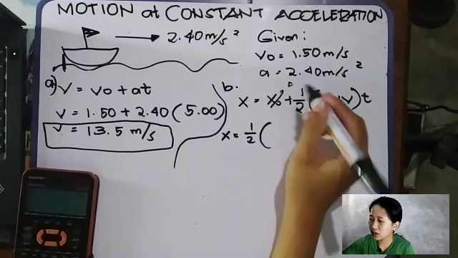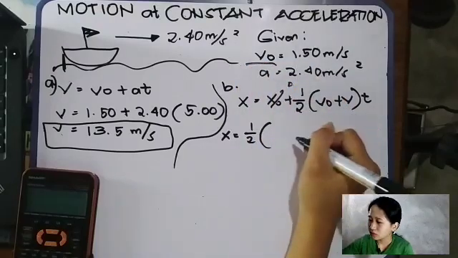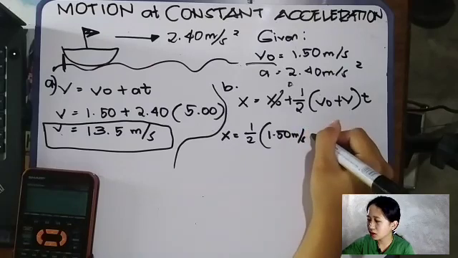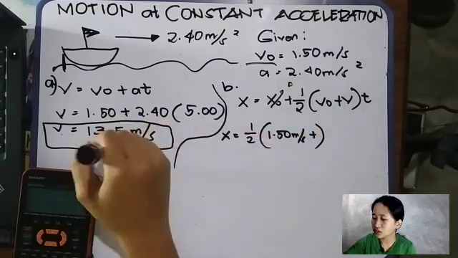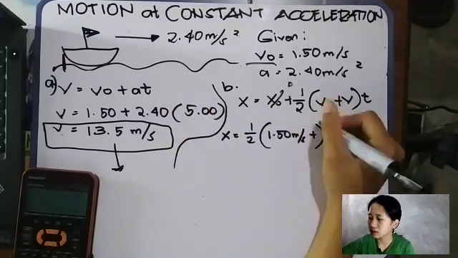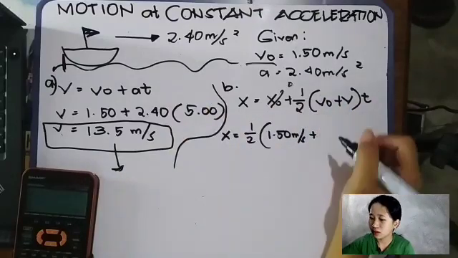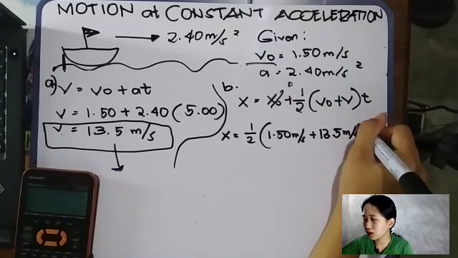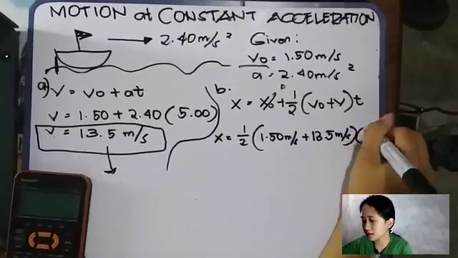Then, substitute ang V0: 1.5 meter per second plus yung V natin, which is yung nakuha lang natin kanina, 13.5 meter per second, times time, which is 5 seconds.